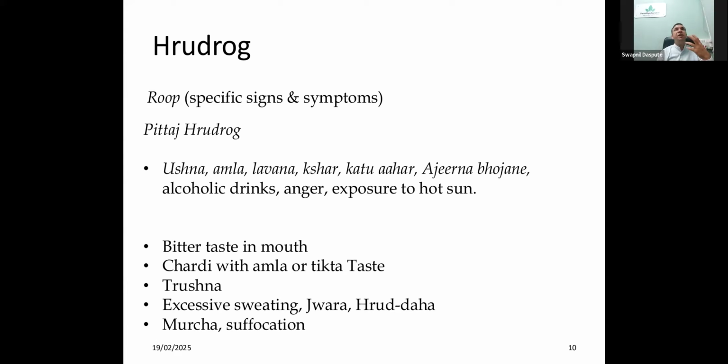Now, few patients may consider that burning sensation because of acidity as well, so you have to ask them the location, because heartburn is one typical symptom which is seen in hyperacidity.